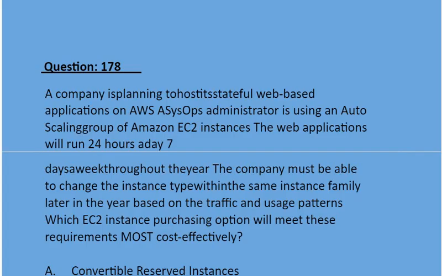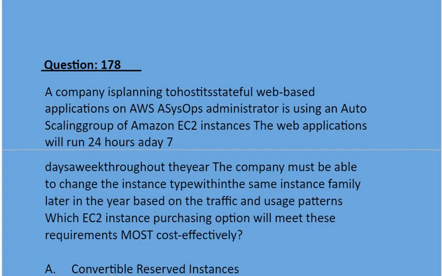The web applications will run 24 hours a day, 7 days a week throughout the year. The company must be able to change the instance type within the same instance family later in the year based on the traffic and user patterns. Which EC2 instance purchasing option will meet these requirements most cost effectively?